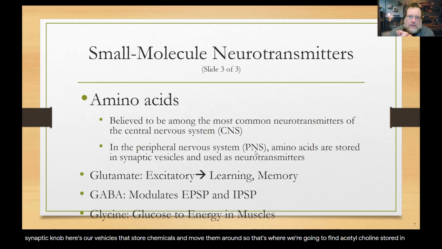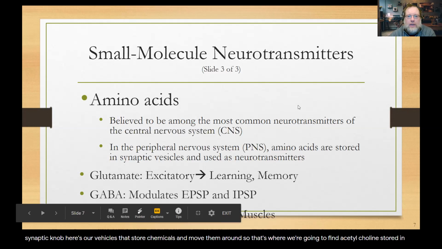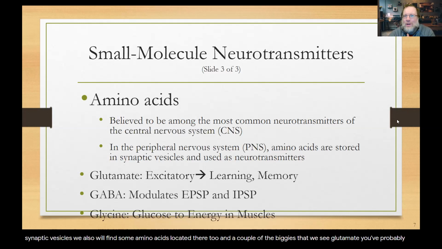We also will find some amino acids located there too, and a couple of the biggies that we see. Glutamate. You've probably heard the term glutamate at some time, right? Monosodium glutamate. Glutamate is one of the amino acids. There are 20 amino acids. Glutamate is an excitatory amino acid. It particularly deals with learning and memory.